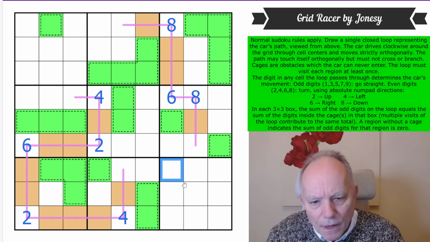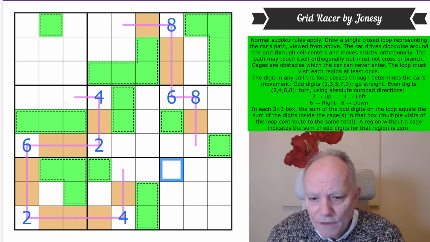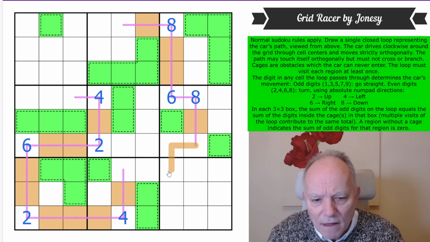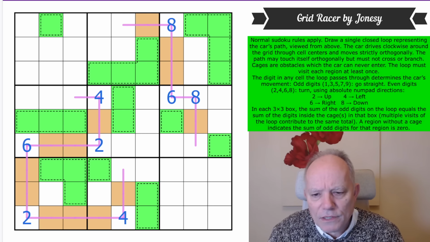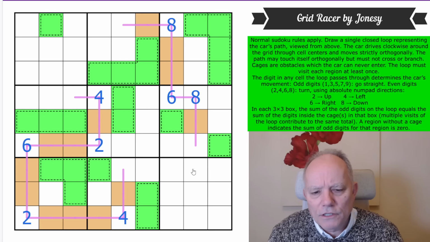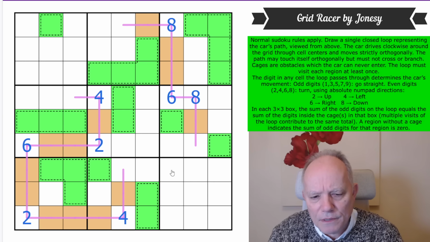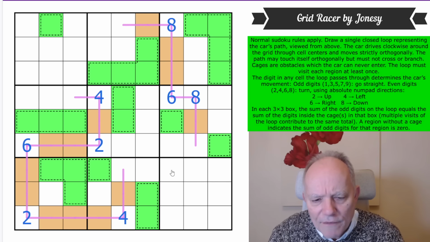Now, I was going to say that the most plausible path is here, with one turn there. But that's wrong, because this digit would have to be another 8 for turning south. And that's strange. Do we have to go through 2 cells? But we can't have the odd digit.